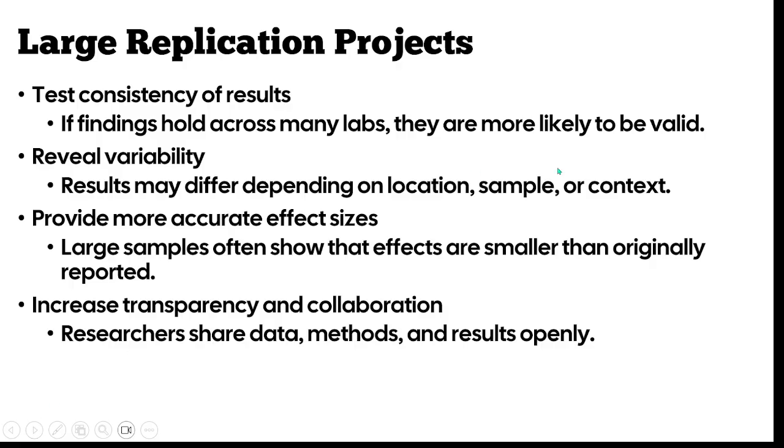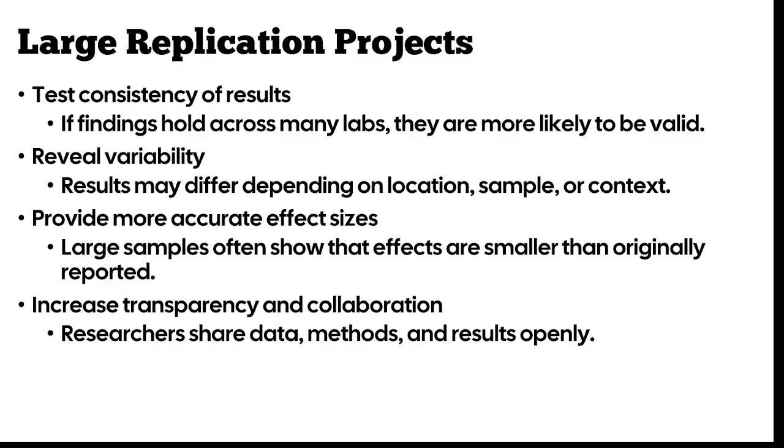Large replication projects let us achieve several different goals. First, they let us test consistency of results, because if I find the same results across different labs, my results are more likely to be valid in the first place. Second, they may help reveal patterns of variability.